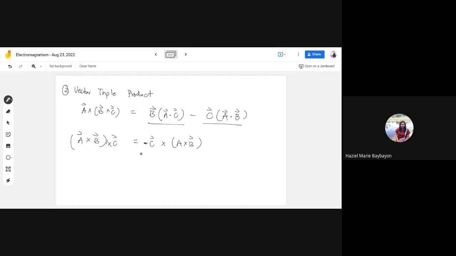Okay, so you have this one. And then, instead of the back-cab rule, with the parenthesis moved, you have minus A multiplied by B dot C plus B multiplied by A dot C. Okay, so these two are not equal.